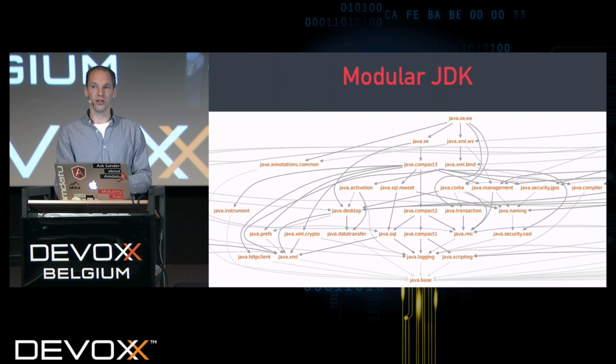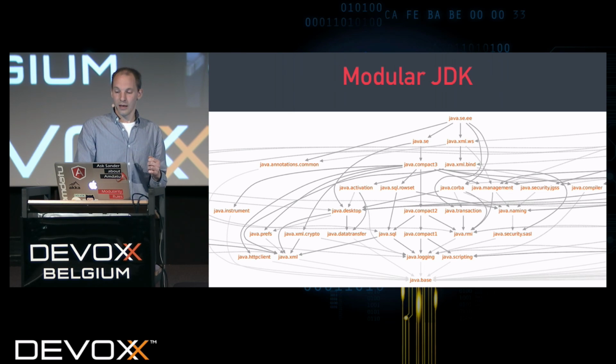We have this modular JDK, and Paul already showed this picture, at least partly. And there's two roots here, which is very interesting. Well, actually, there's one root, but there's two nodes that act as root. There's the Java SE module, and this one points to essentially all the modules in the platform, because transitively from this root you can reach all the other modules, including the java.xml.bind that we were just talking about, and things like Corba and annotations common and XML WS.